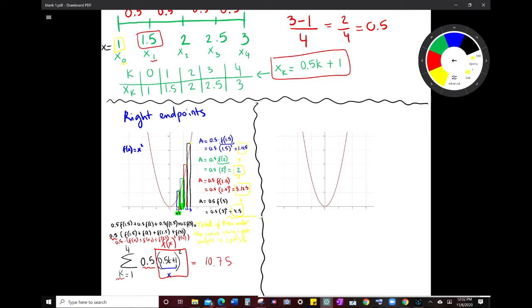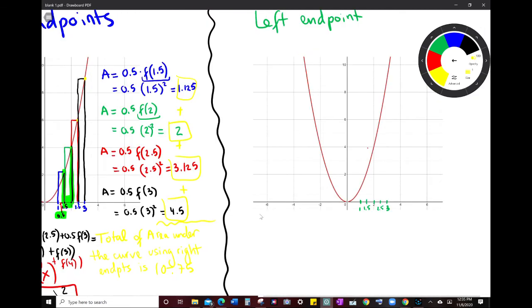Alright, so now we move on with the left endpoint. We still have the interval from 1 through 3, but for the left endpoint, we have to draw the rectangles. So for the rectangle from 1 to 1.5, we cannot draw it above the line anymore, because we use the left endpoint, so the endpoint should touch the graph on this side.